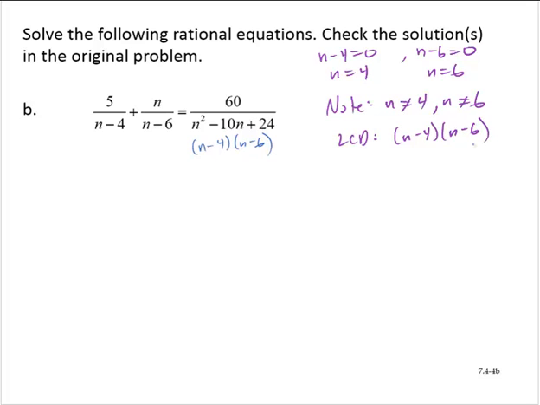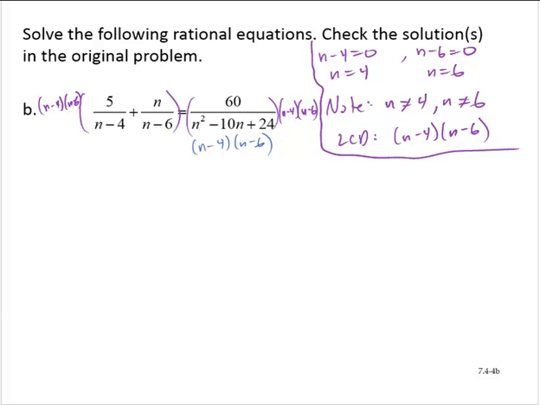n minus 6. And so I'll multiply both sides of the equation by that LCD. All right, so let's do that, multiplying the left-hand side by n minus 4 by n minus 6, and the right-hand side by n minus 4 by n minus 6.